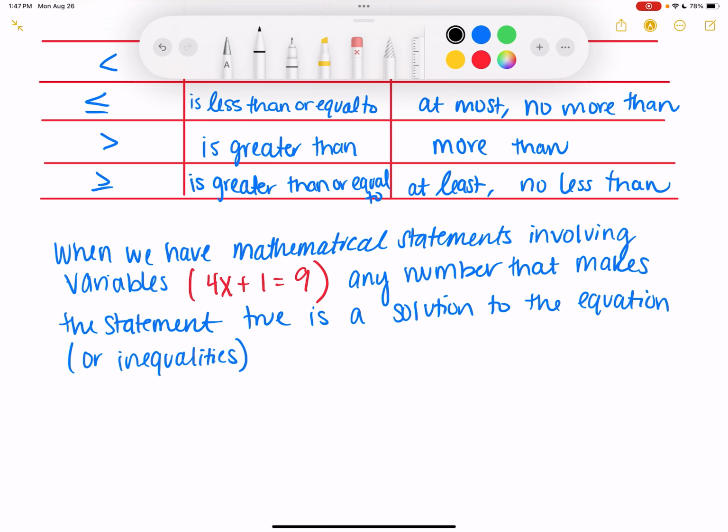So these instructions say to write an open sentence, which is just to write out an equation like what I have written in red on the screen right now.